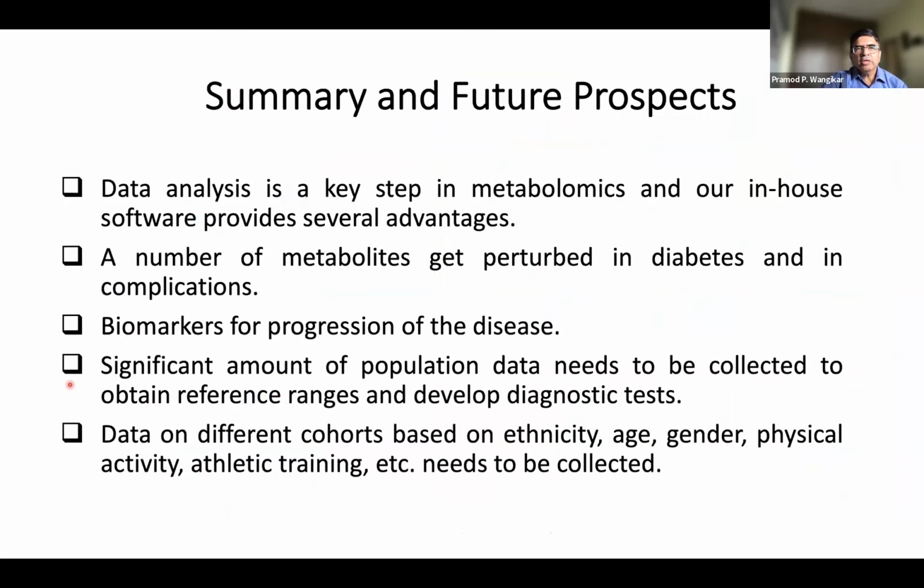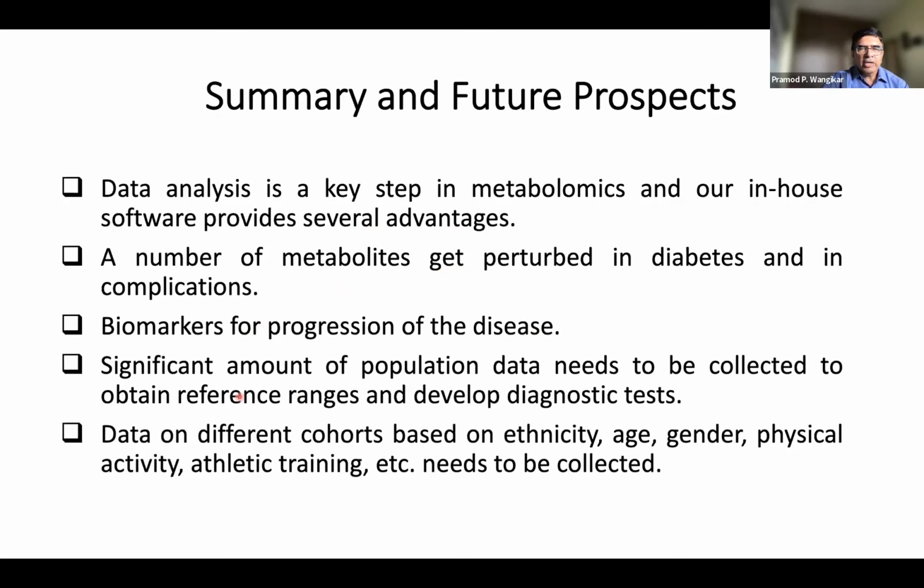So in summary, we know that data analysis is a key step in metabolomics, especially for the high resolution TOF type of LCMS data or Orbitrap type of LCMS data. And the software that we have provides several advantages. It is available on the web. A number of metabolites get perturbed in diabetes and in complications, and they can potentially be used as biomarkers for progression of disease.